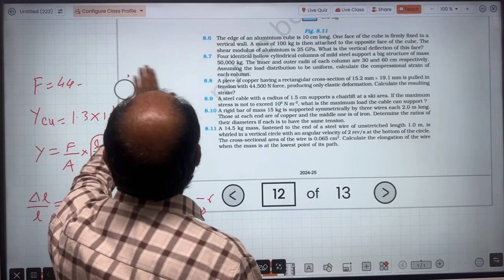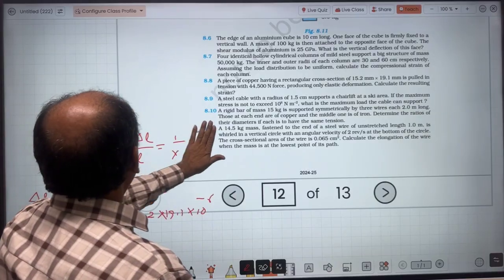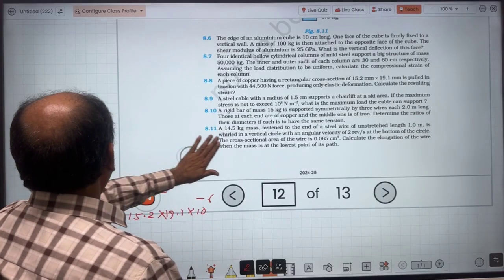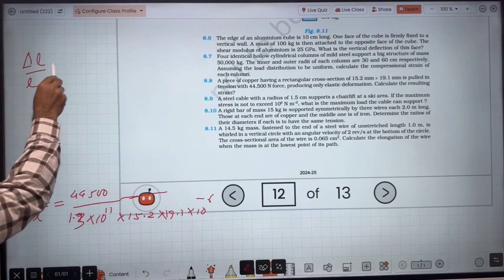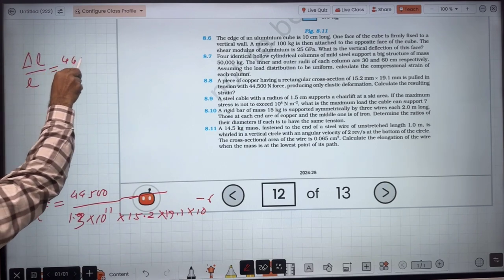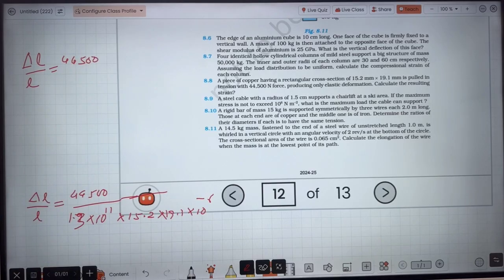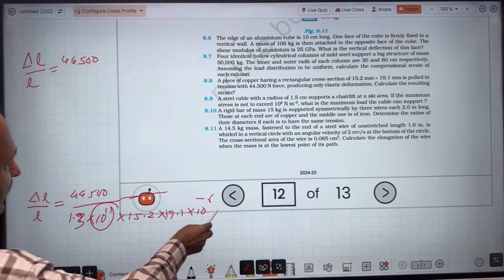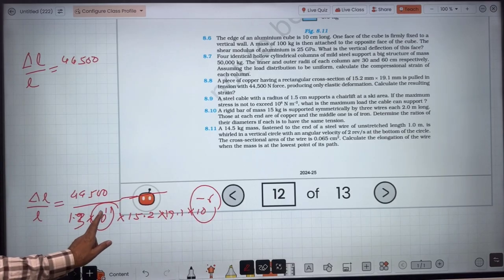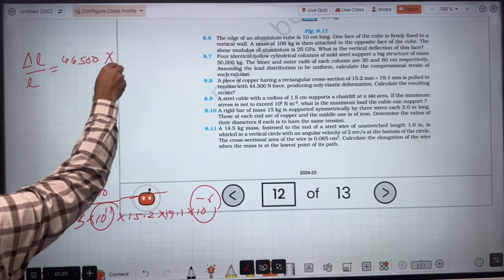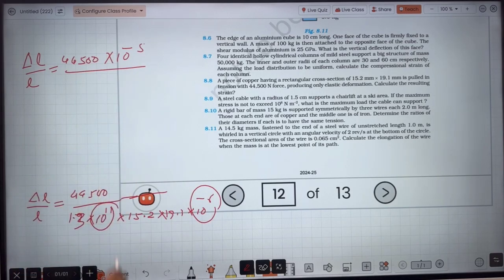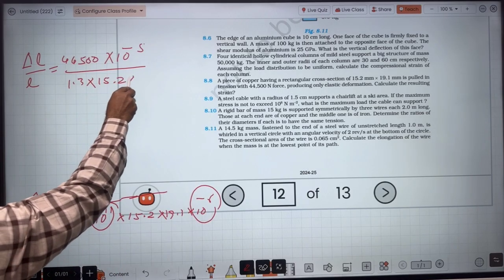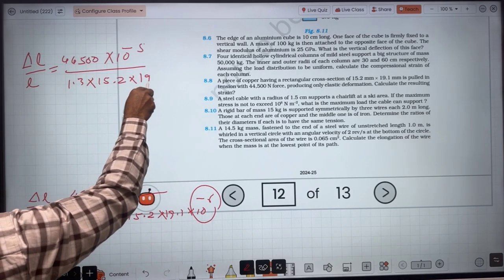So delta L upon L equals 44500, and here this is 11 power and this is 6 power, right? So 10 power 5 positive will be left here, so let's write 10 power minus 5. Then in the denominator, what is left? 1.3 into 15.2 into 19.1.